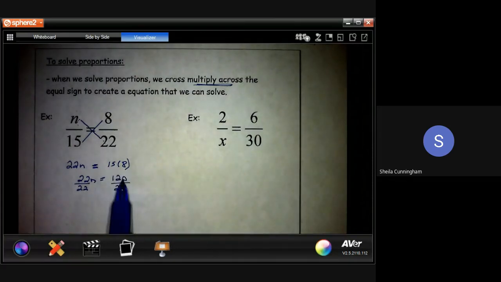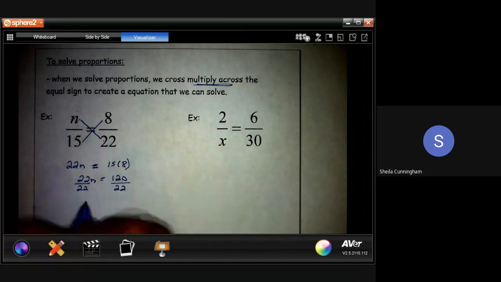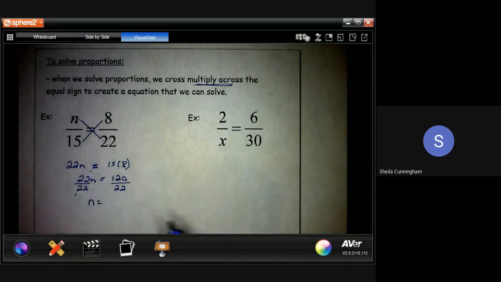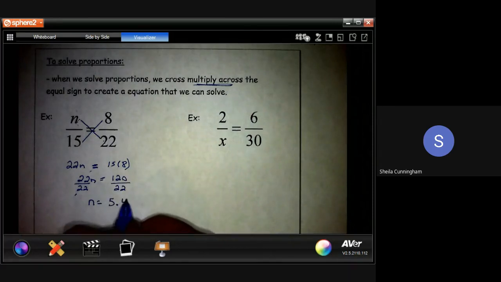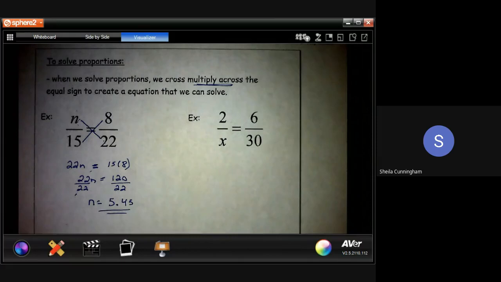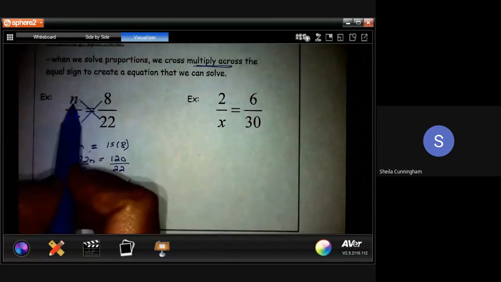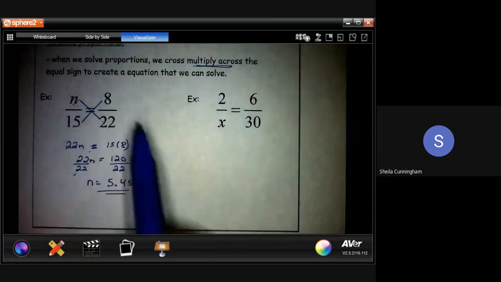I take that 120 and divide it by 22, and on the other side I get n, because 22 divided by 22 gives me 1. So I'm left with n equal to 5.45. That is the value that would need to go up here in order to make both of these fractions equivalent.